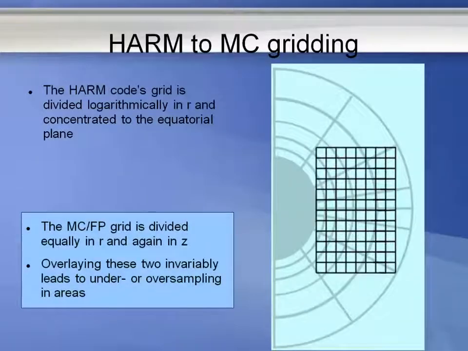But our Monte Carlo code grid is just Cartesian and cylindrical. So this is what it actually looks like when overlaid with the HARM code. Obviously, this leads to undersampling or oversampling, depending on how we have this set up. Usually, both of those situations, really, in order to be most consistent. And this is kind of the way that I have this set.